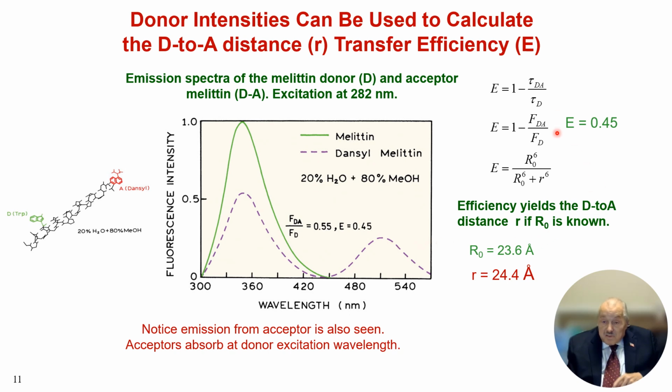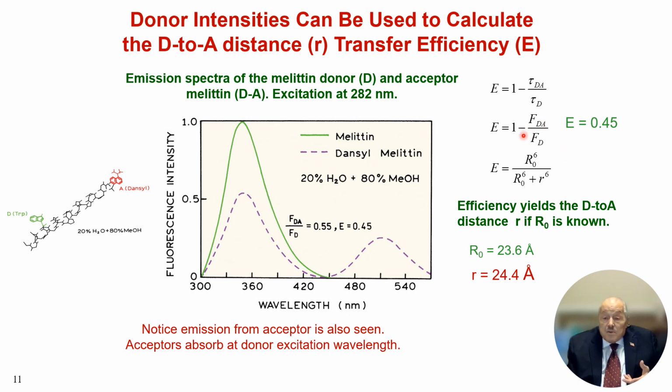And we use the standard equations. They can be used in different forms. The most common form is just to use the intensities, where you have the intensity of the DA pair over the intensity of the donor alone, and use that to calculate the transfer efficiency.